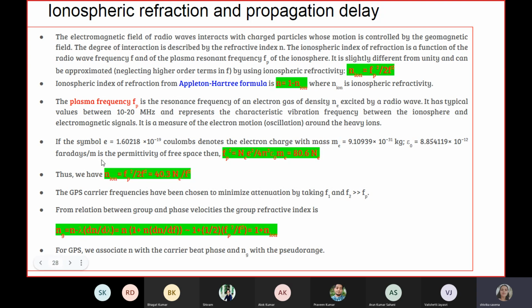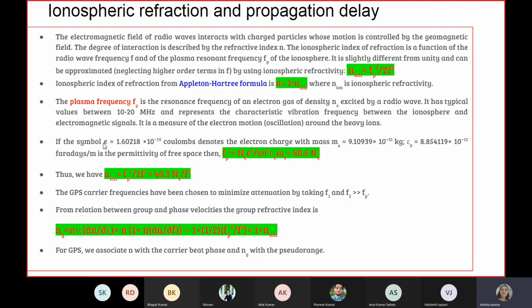So the plasma frequency is given by this equation: fp square equals Ne e square by 4 pi square epsilon naught me.